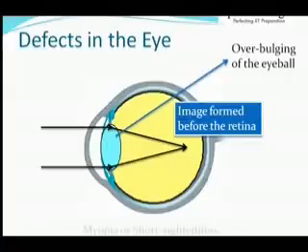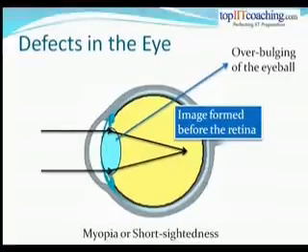This defect is called, as I just said, myopia or short-sightedness. In myopia, you cannot see far away objects clearly, but you can see objects which are placed near your eye very clearly. Most young people, as you already know, have this defect, and all of us wear glasses or contact lenses to correct it. So how do glasses or contact lenses help correct myopia?